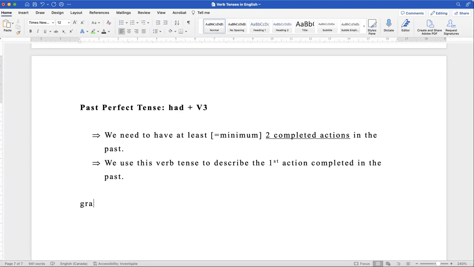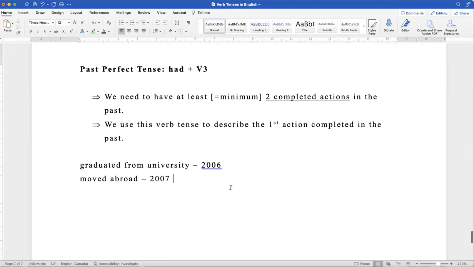Here's an example. Graduated from university, let's say in 2006, and moved abroad, let's say 2007. So which completed in the first place, moving abroad or graduating from university? So this happened first. So here, to express this one, I will use had plus verb 3. This happened later, so I will use verb 2.